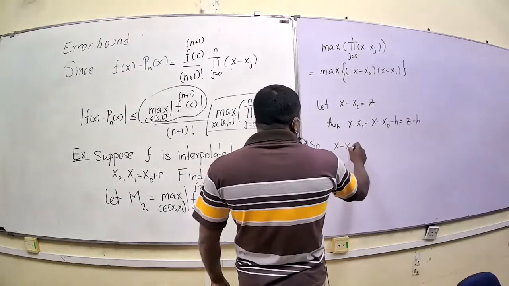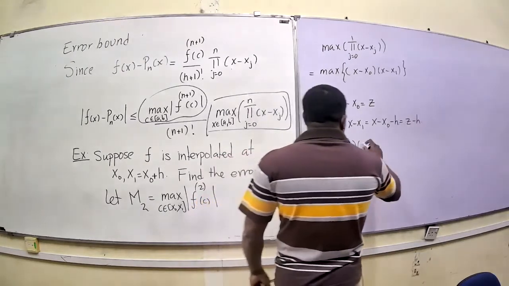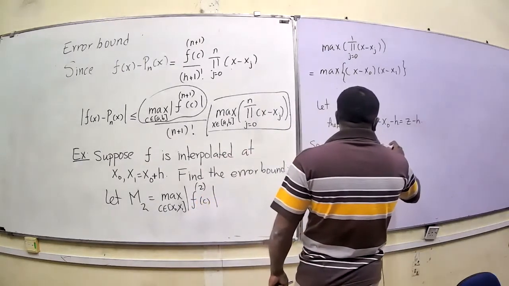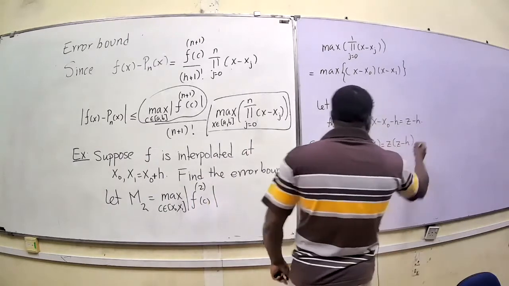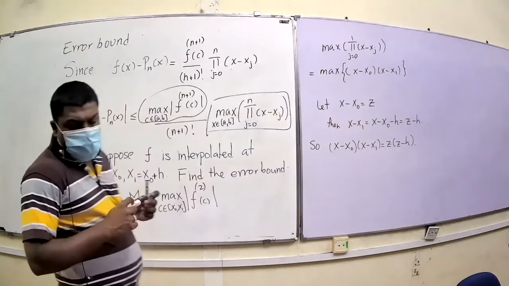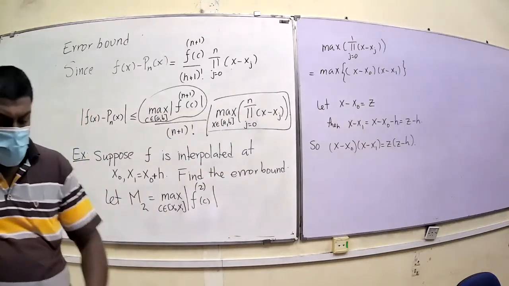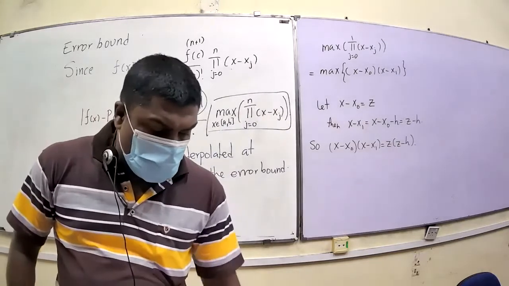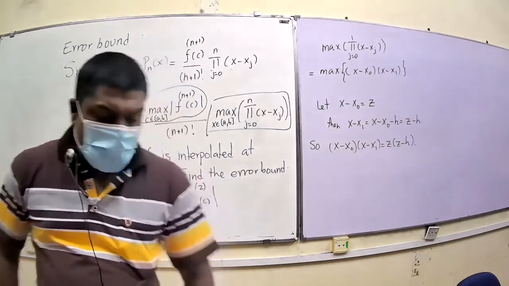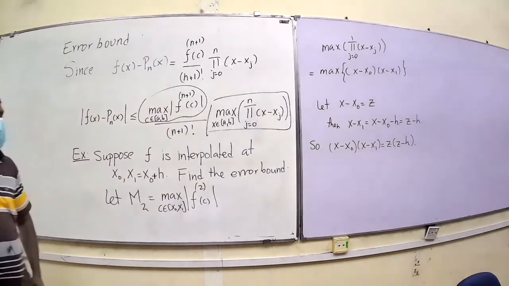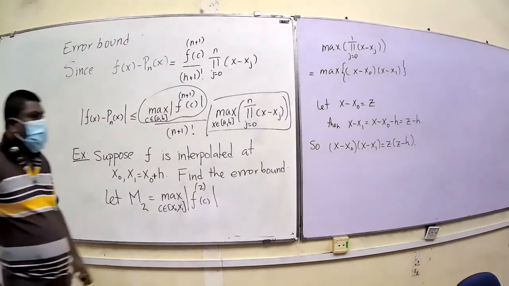So (x minus x naught) times (x minus x1) is z into (z minus h). Okay, so this is the function.